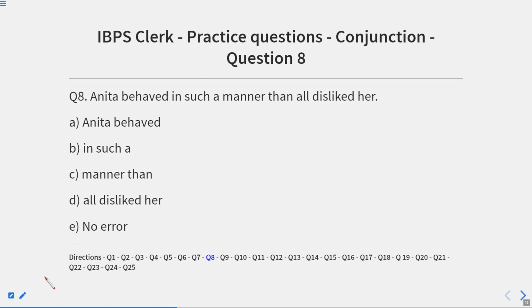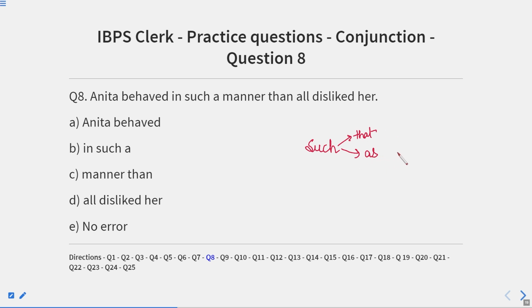Now, here it is written Anita behaved in such a manner, then all disliked her. So, if the word such is there, it can have that or as to pair with. It means we can make two pairs, either such as or such that.